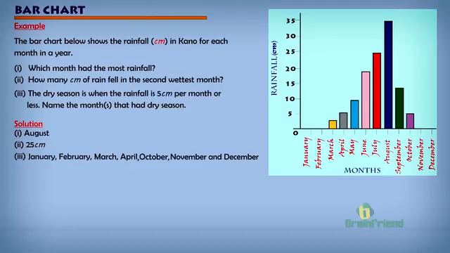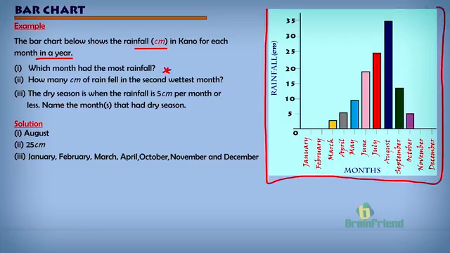Now let's take a quick look at this example. The bar chart below shows the rainfall in centimeters in Kano for each month in a year. Let's say the past year. Which month had the most rainfall? To answer this question, let's take a quick look at our bar chart here.